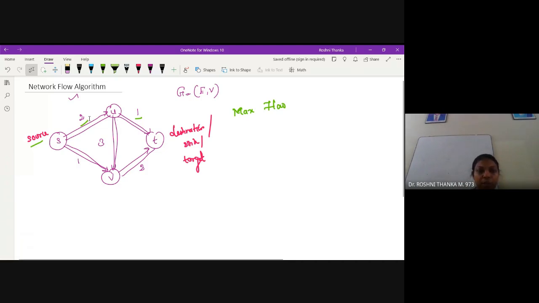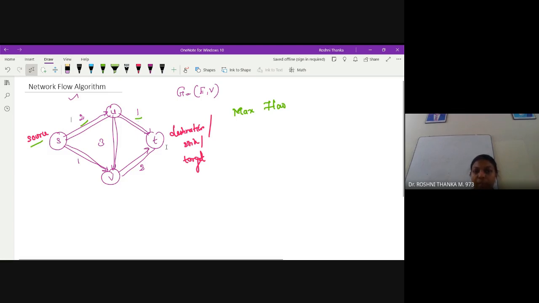So if I send data, it should start from the source and reach the destination without any interruption. For example, if I am sending 1 volume of data from this source, there is no problem because S to U can accommodate 2, and from U to T the capacity is already 1. So sending one volume of data is not a problem.